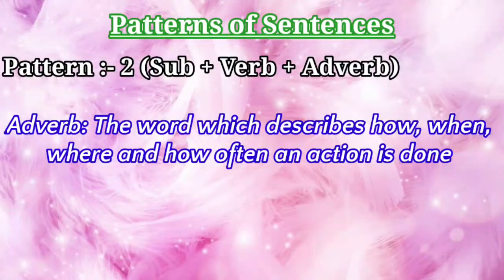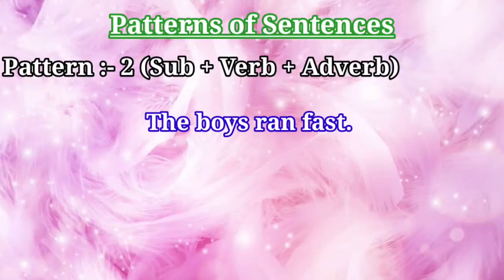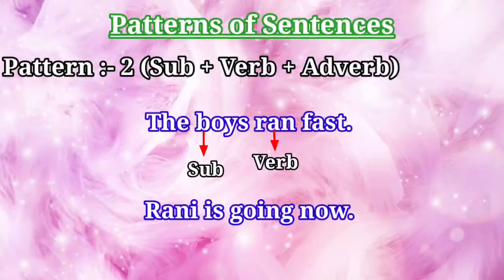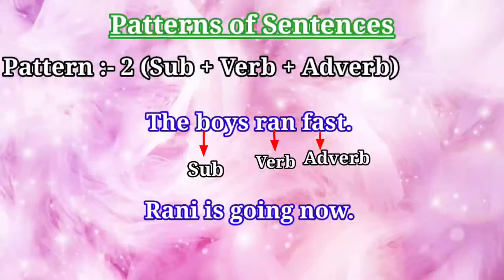Now let's take the example of second pattern, subject, verb and adverb. The boys ran first. Rani is going now. In this case, the boys is the subject, ran is the verb and first is the adverb. Here, first describes how the boys ran.